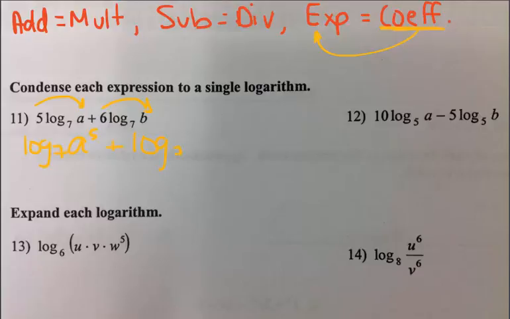This is b to the 6th. So now I moved them back. We got that one rule taken care of. But something else that we also see is it looks like they're being added together. Well, to make it one logarithm, addition is really multiplication. So we're going to take this, and inside this log 7, we're going to multiply.